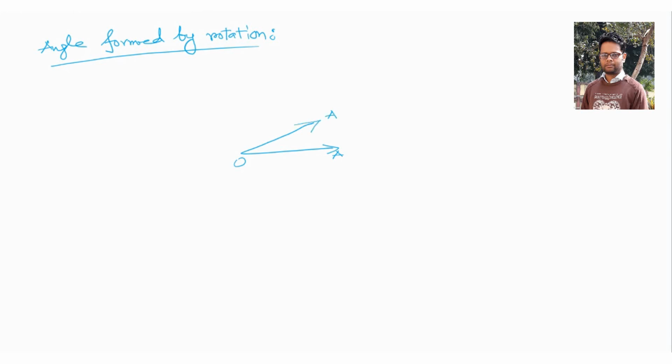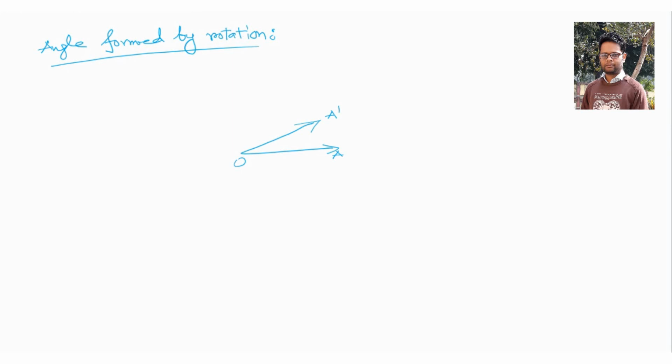Now, angle formed by rotation. Here this is the ray OA, and this is OA dash.